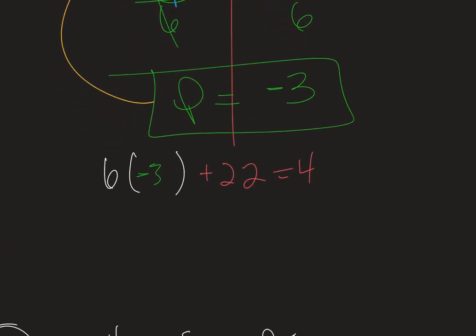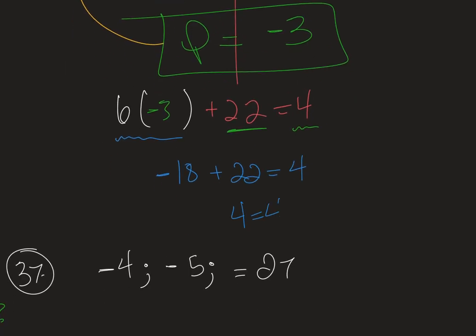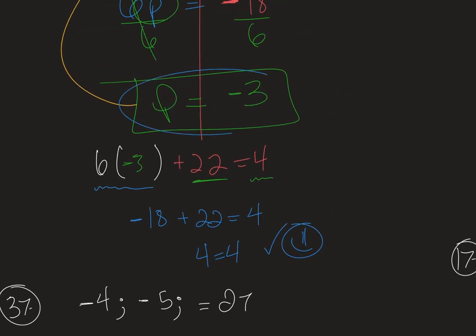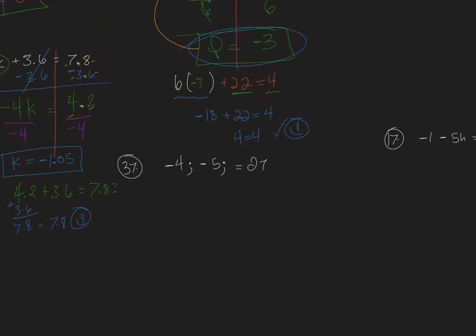Seems like that's a funky one that wouldn't happen, because how many times do you add 22 and you get a smaller number? Well, if you started with a negative, that might happen. So 6 times negative 3 is negative 18. And when you add 22 to that, you get 4. So does 4 equal 4? Check. Yes, it's good. P equals negative 3.